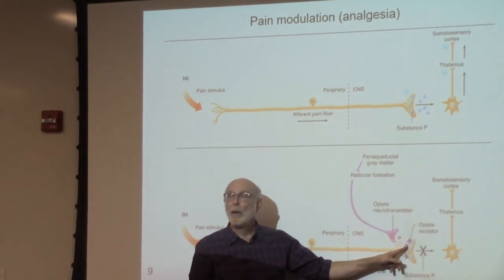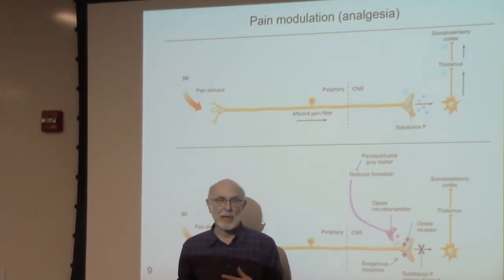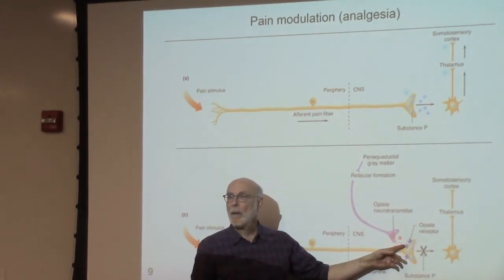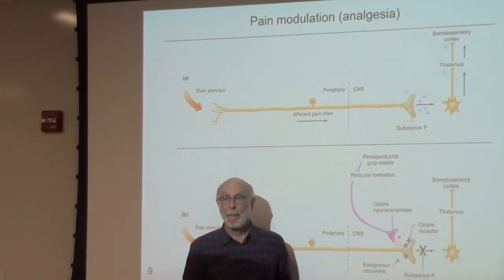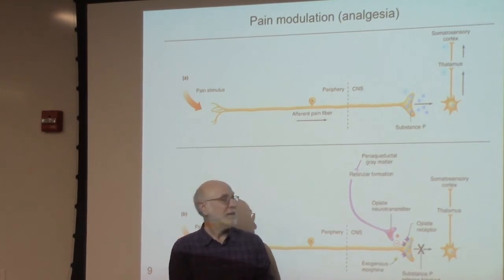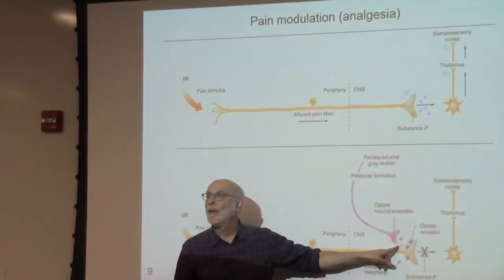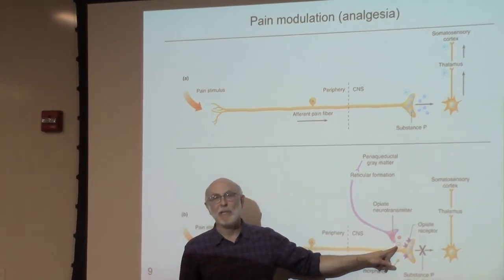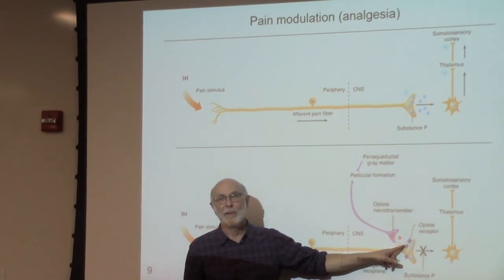These opioid receptors have a name, they're called the mu opioid receptors, and they are GPCRs. What type of GPCR? So you see, this is inhibitory. What type of G protein do you suppose the mu opioid receptors are coupled to? Yeah, Gi.